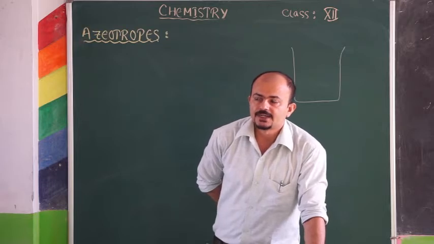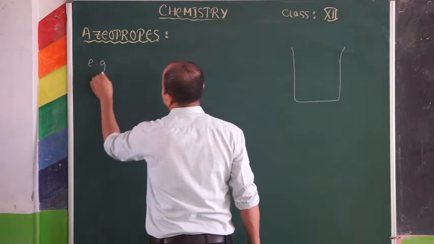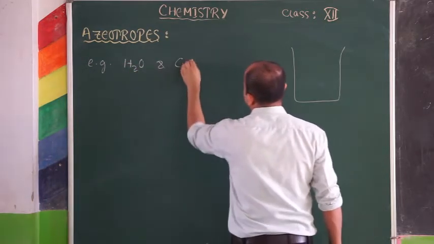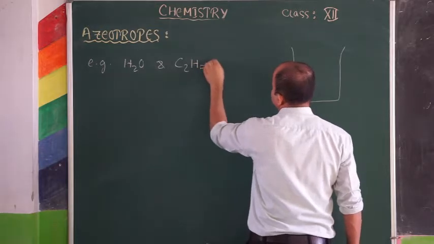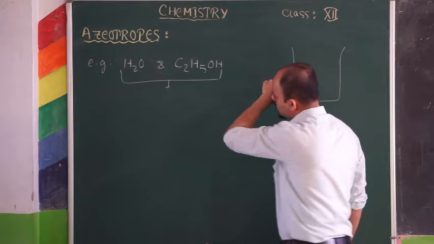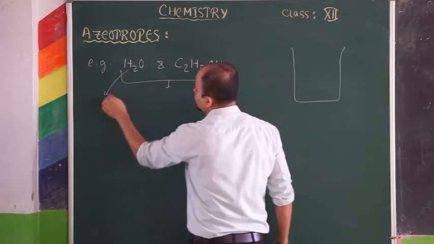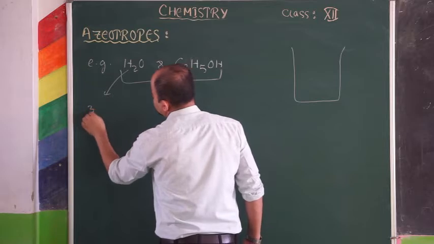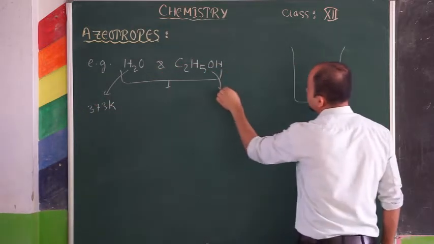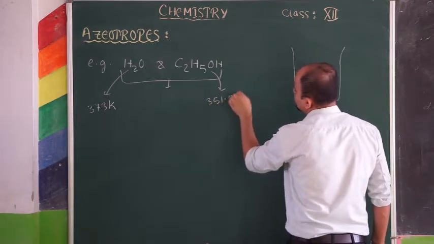For example, we have a water and ethyl alcohol (C2H5OH) mixture. These two differ in their boiling points. Water has 373 Kelvin as its boiling point, and ethyl alcohol has 351.5 Kelvin.